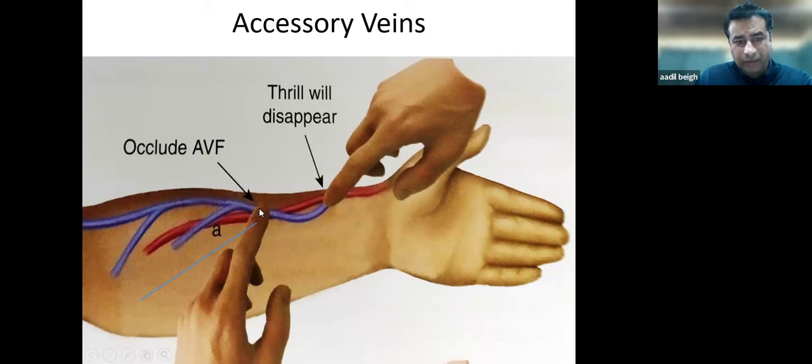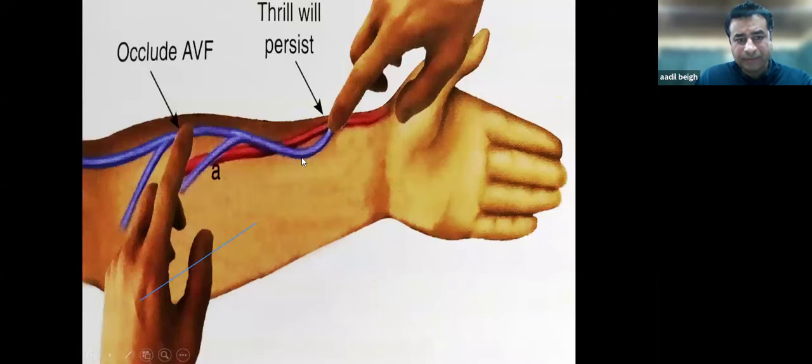This is the examination for the accessory vein. When you put the hand on the anastomosis and occlude this segment, if there is an accessory vein, all the flow is going through the accessory vein, so there is a persistence of thrill.